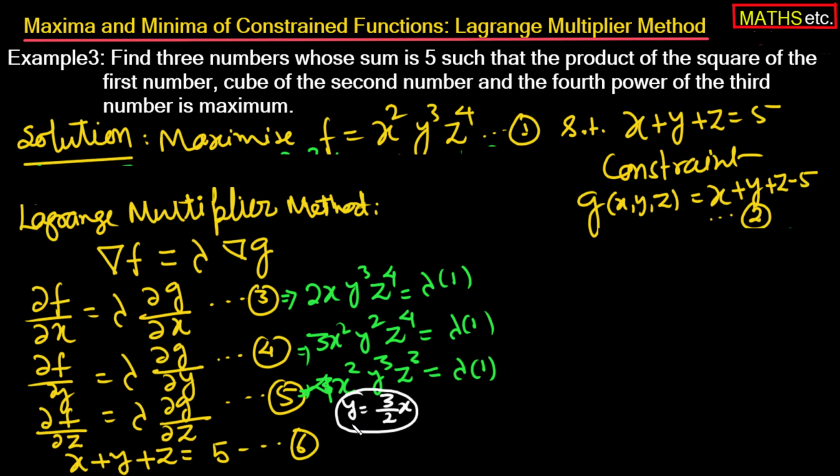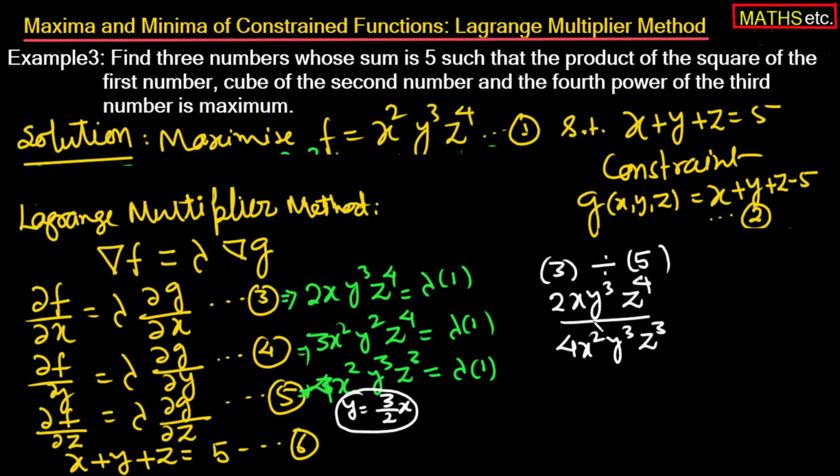So we have obtained y in terms of x. y is equal to 3 over 2 multiplied by x. Next we divide equation number 3 by equation number 5. So we have 2x y cube z^4 whole over 4x squared y cube z cube is equal to lambda over lambda.